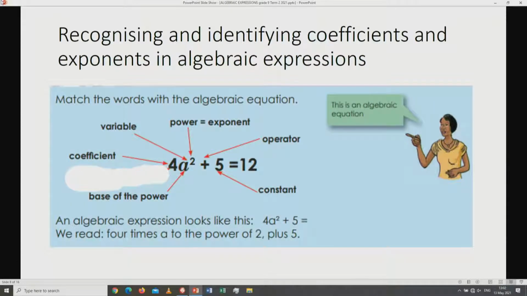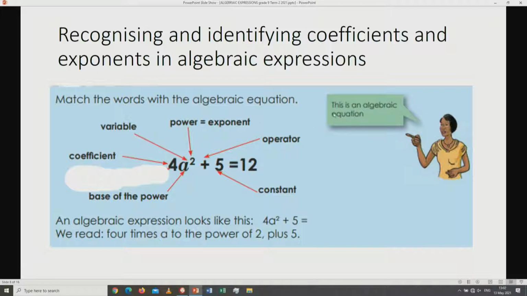We are going to be recognizing and identifying coefficients and exponents in algebraic expressions. So this is 4a squared plus 5 is equal to 12. But you must note, when an expression has an equal sign between, it is no longer an expression, but an equation, because now you have an equal sign.